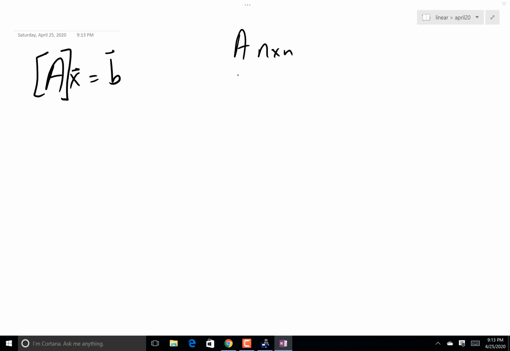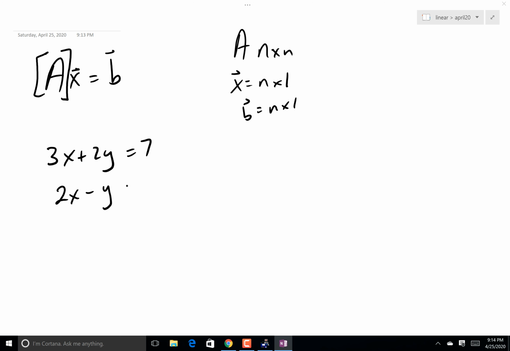Then X is an n by 1, and B is also then going to be an n by 1 matrix. So in a situation like that, we would have this matrix equation.